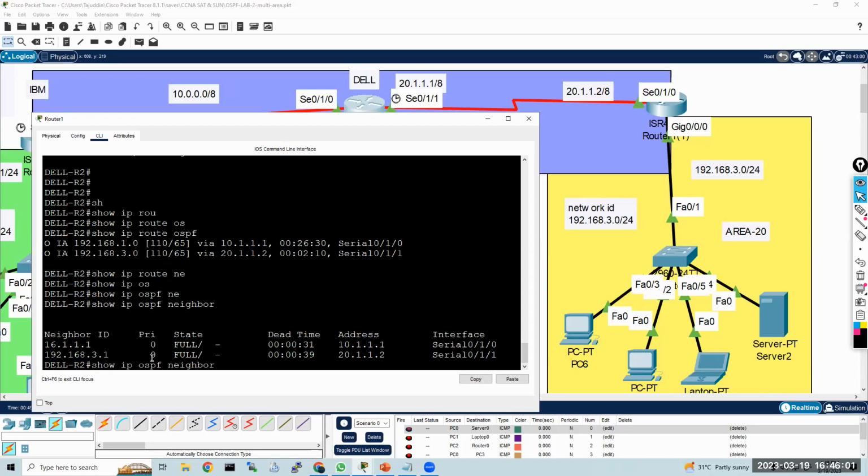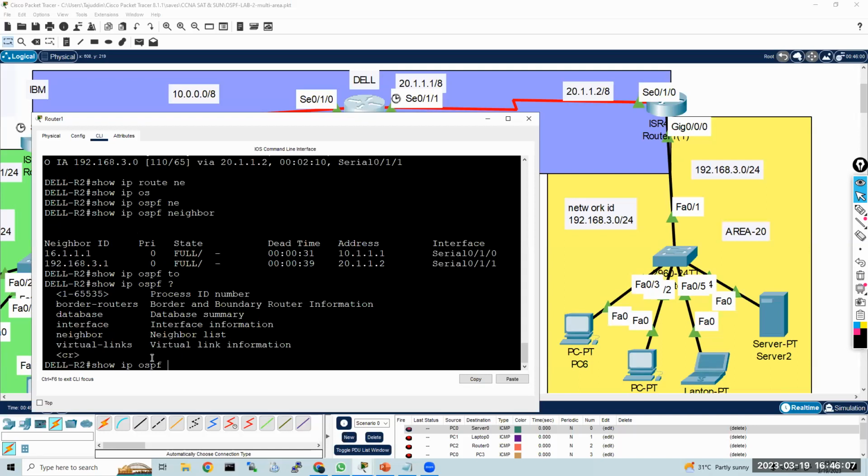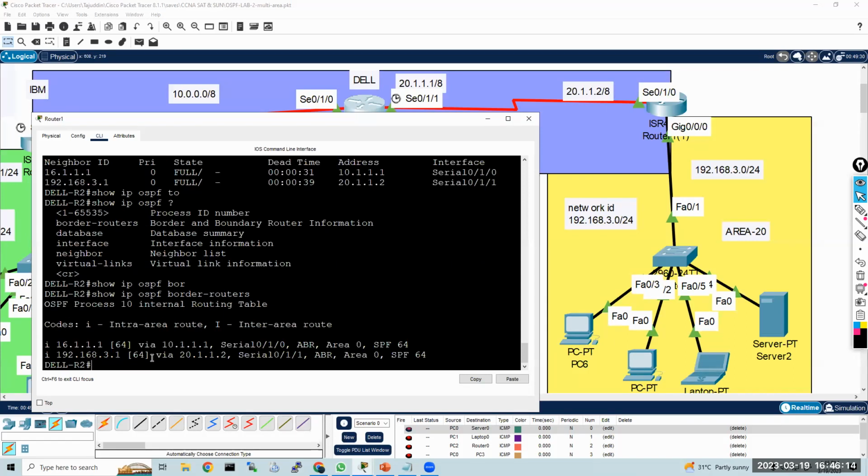There is one more command, show IP OSPF topology. Who is a border router? You can see, I is nothing but your intra-area routes, and small I means he has learned from another area.